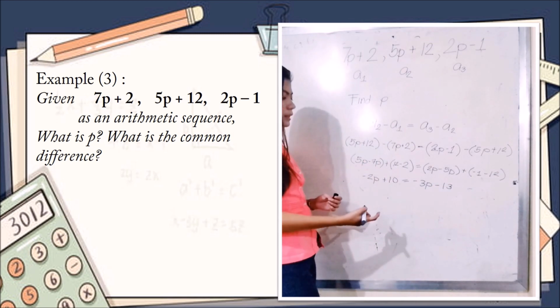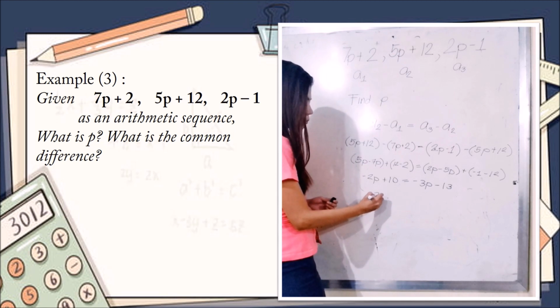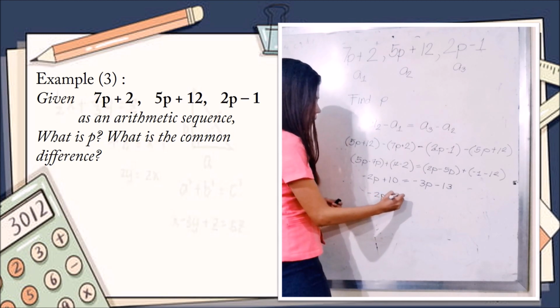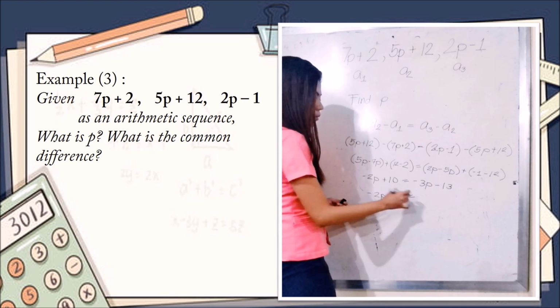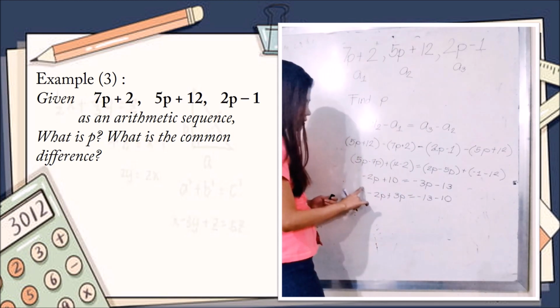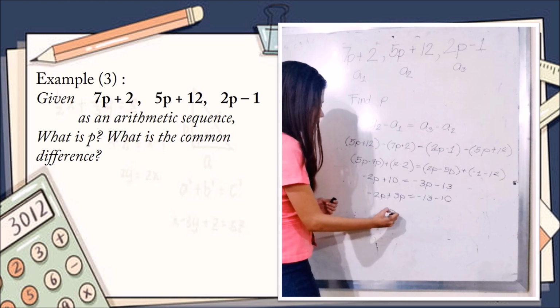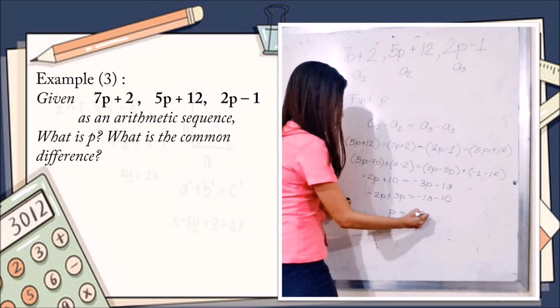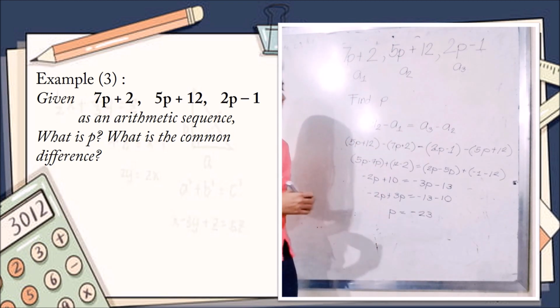Ngayon, group pa rin natin siya. We have 2p plus 3p is equal to negative 13 minus 10. So, we have p is equal to negative 23.